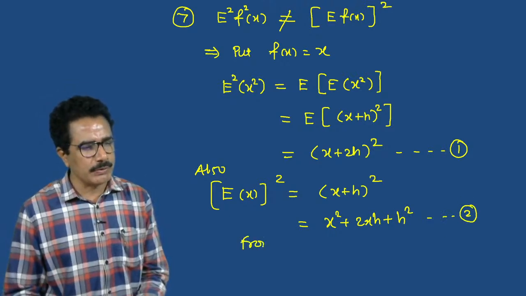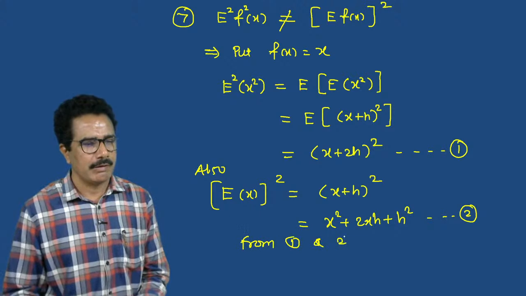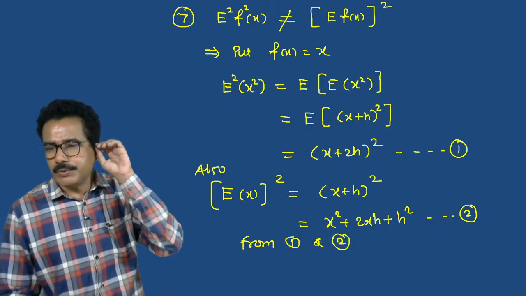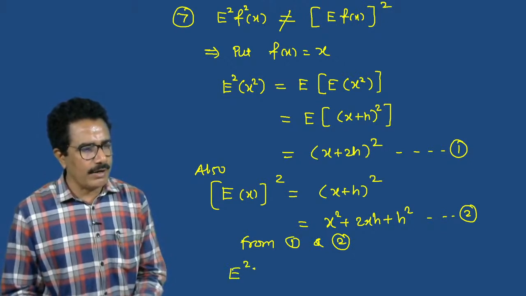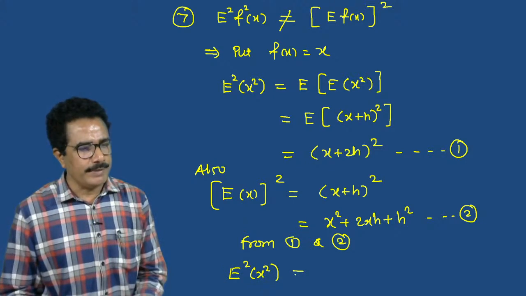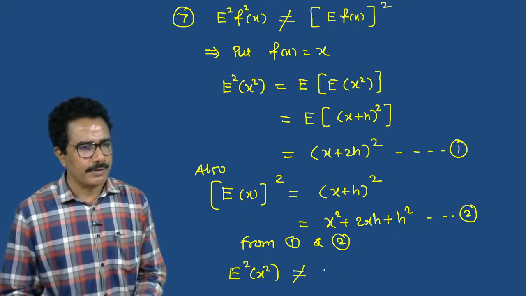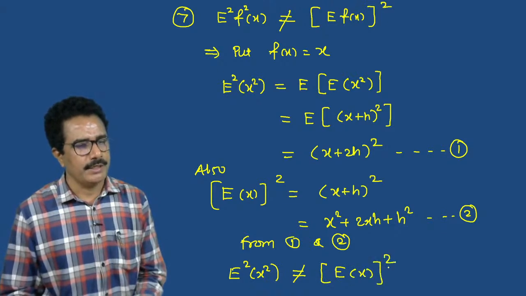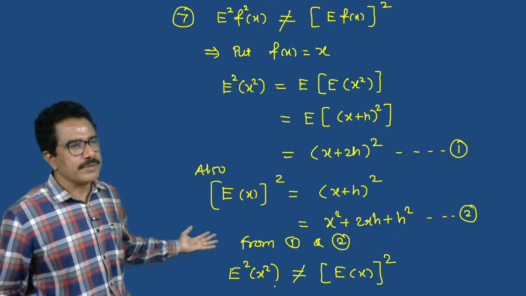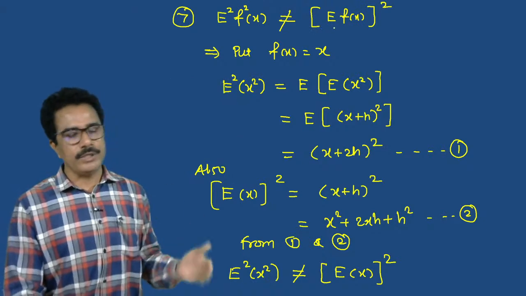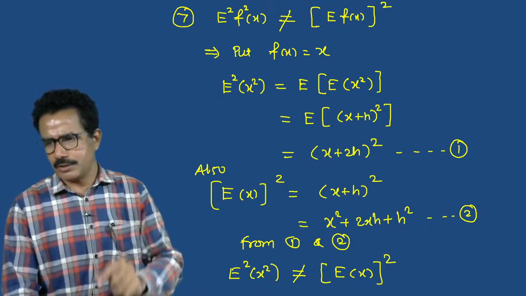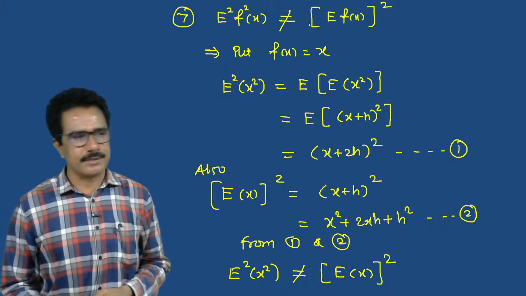So from 1 and 2, we can say that E square of x square is not equals to E of x its square. Put x as f of x, so we conclude that E square f square of x is not equals to E of f of x bracket square. You must note this, students.